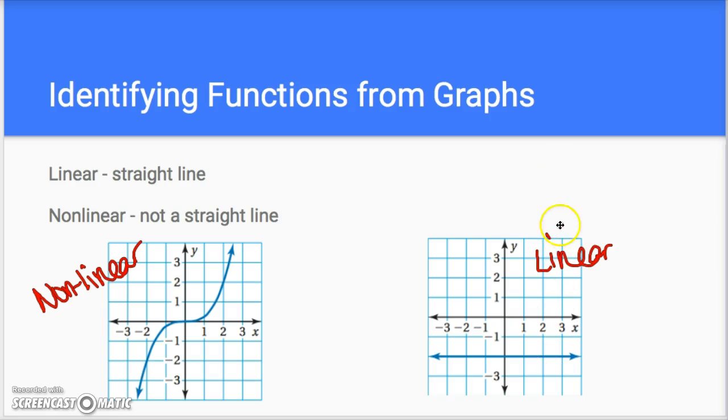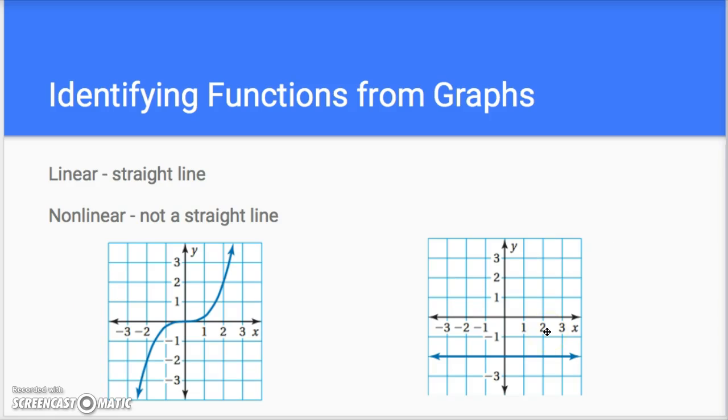Now, one type of graph that you may see that may confuse you is something that would look like this, where those are two straight lines, but because it's bent, it is not linear. You want one straight continuous line for it to be linear.